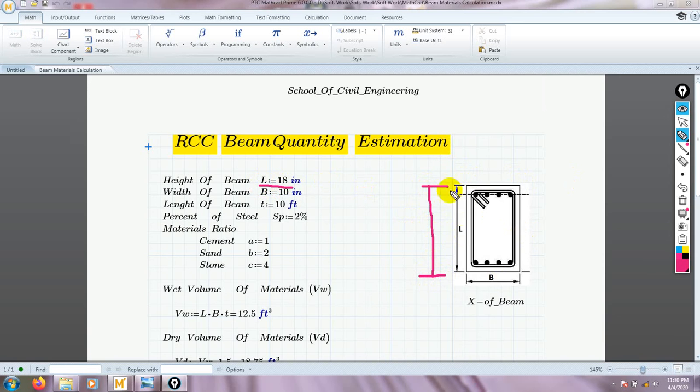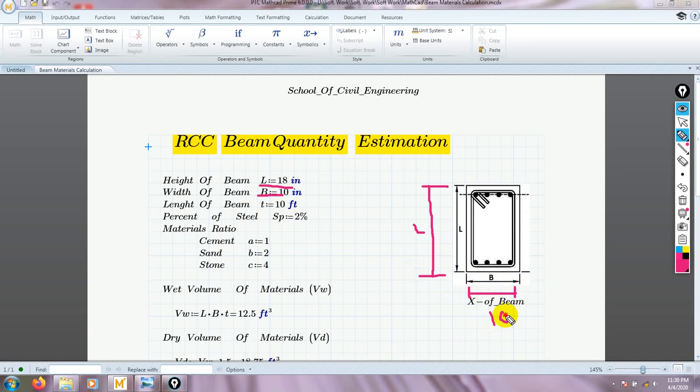After that, we have considered the width of the beam B equal to 10 inch.